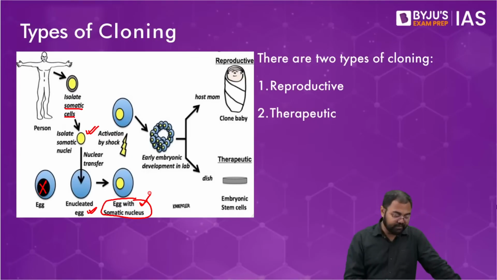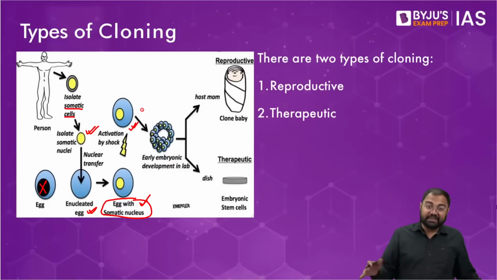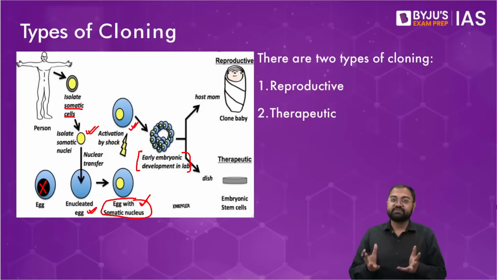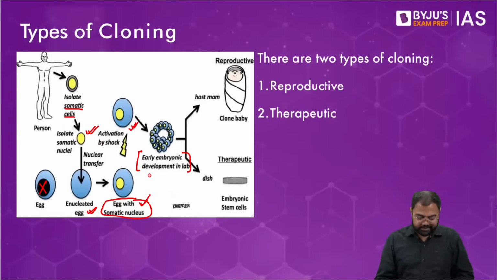And once we have that, activation with the help of shock and chemicals will be done. With the help of certain chemicals and electric shock, we will basically try to activate it. Basically, this is something that will produce a bunch of cells together, which is also called blastocyst.